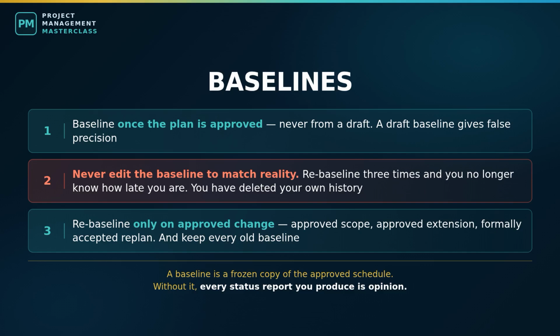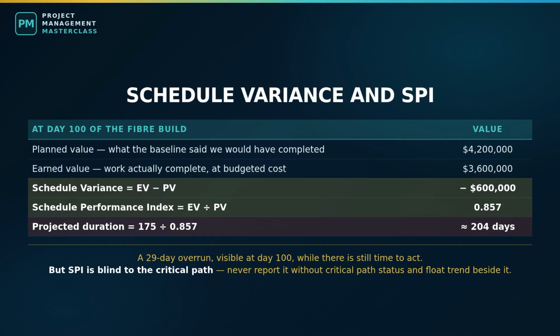Let's use our project. At day 100, our baseline said we should have completed work worth $4.2 million. The work actually finished, valued at its budgeted cost, is $3.6 million. Schedule variance is 3.6 minus 4.2, minus $600,000. Schedule Performance Index is 3.6 divided by 4.2, 0.857, so we are running at about 86% of planned progress, and here is the useful projection.